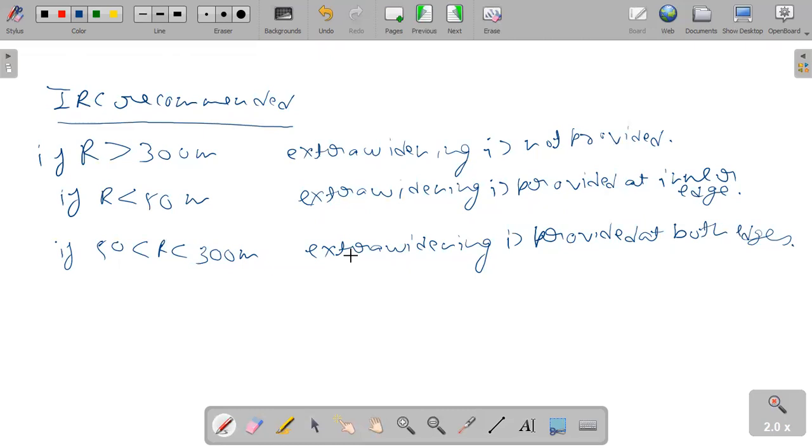Basically in extra widening we add mechanical widening and psychological widening, and these are some recommendations given by IRC. Okay, so let's move forward to our next topic, which is curve resistance for turning vehicle.